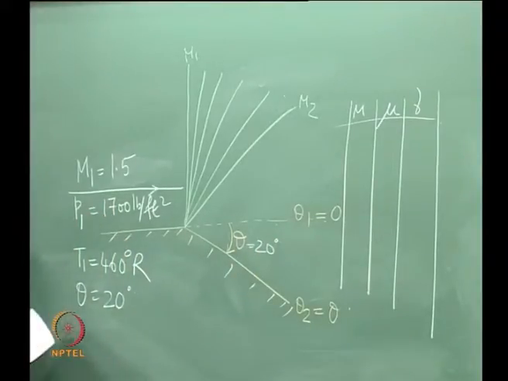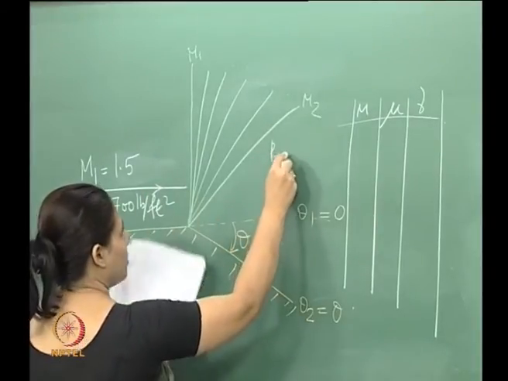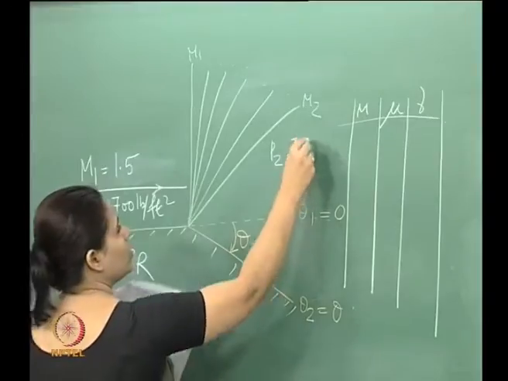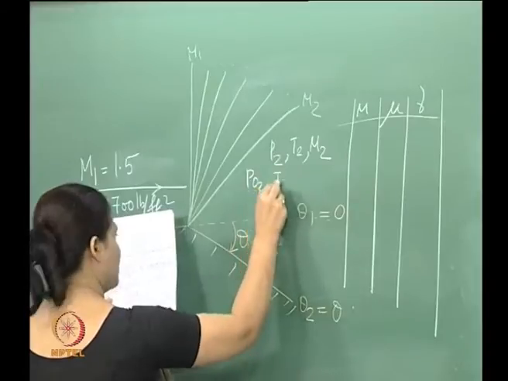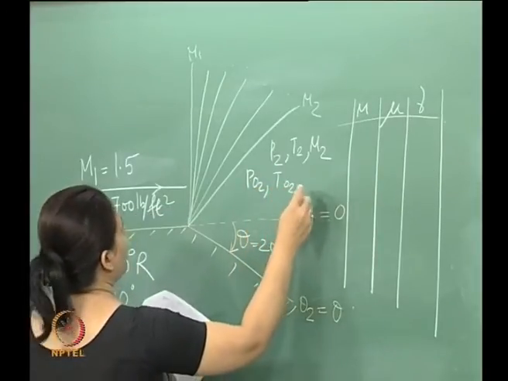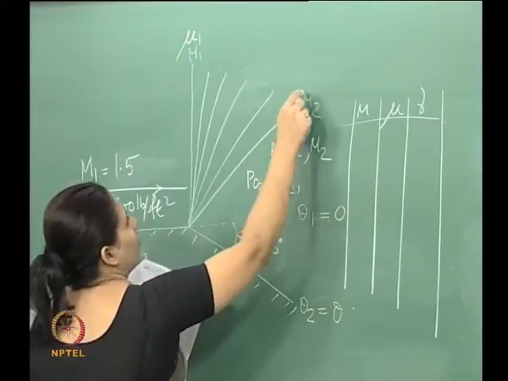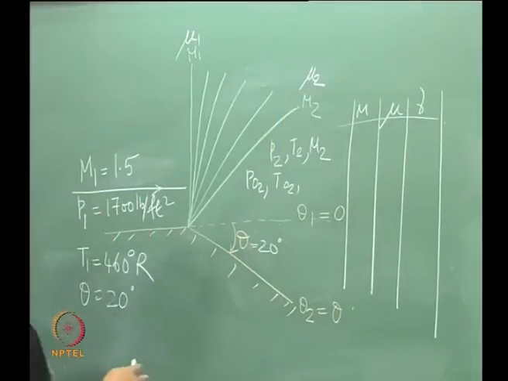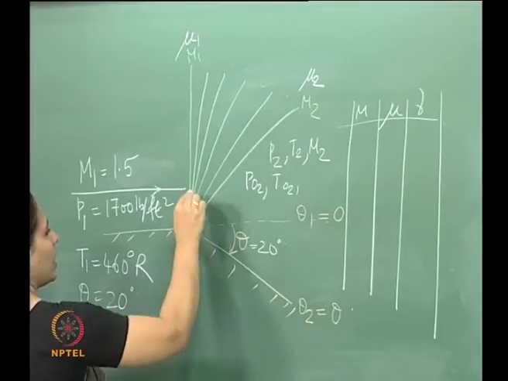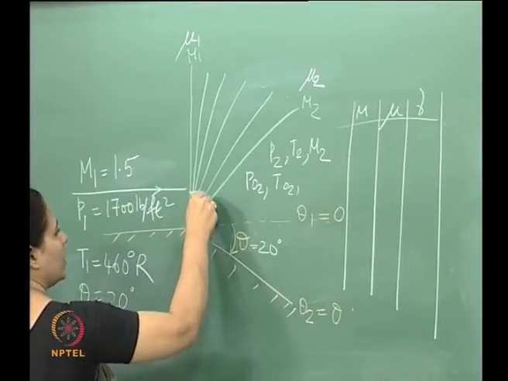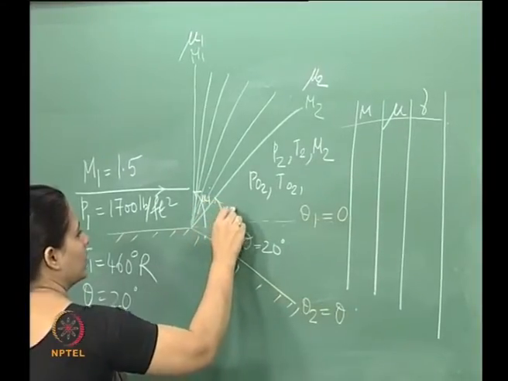What we are asked to find out is P2, T2, M2, stagnation conditions, and also the Mach wave angles mu1 and mu2, because clearly you need to find out what the angle is here.